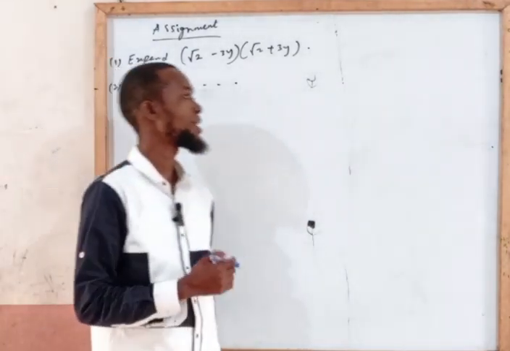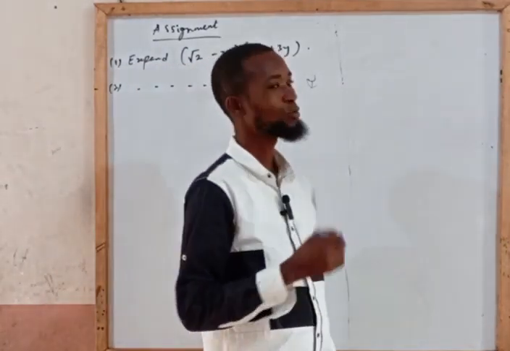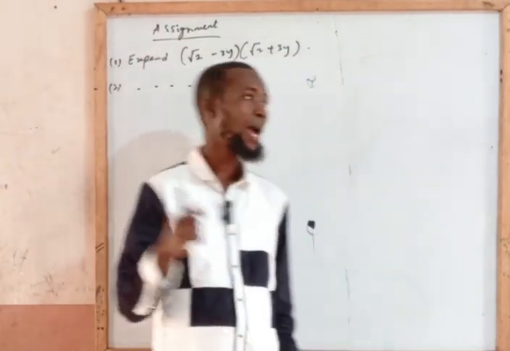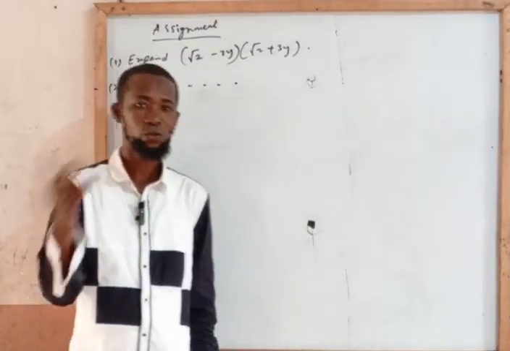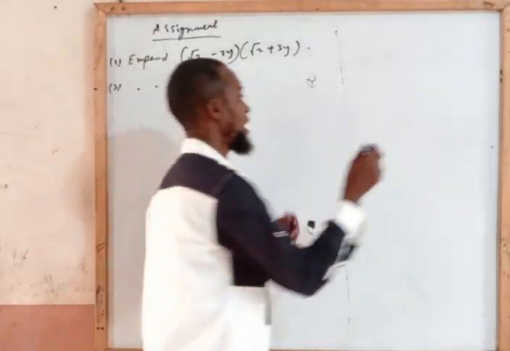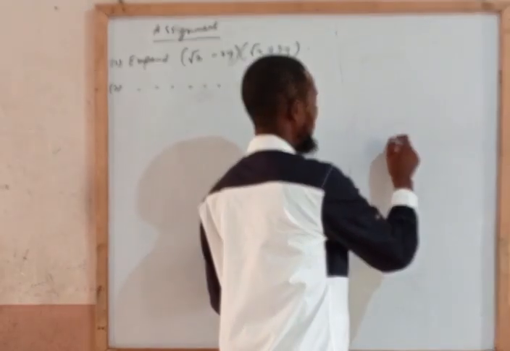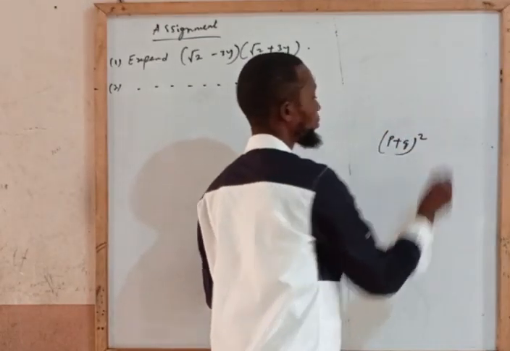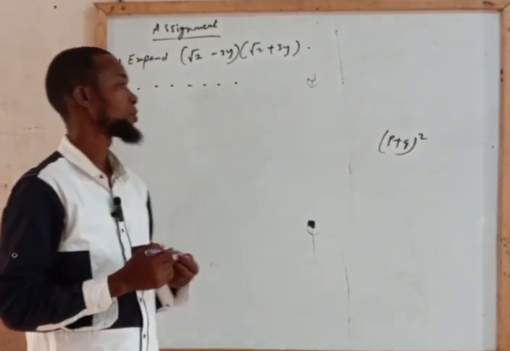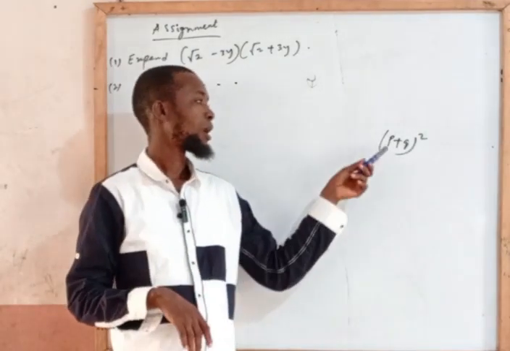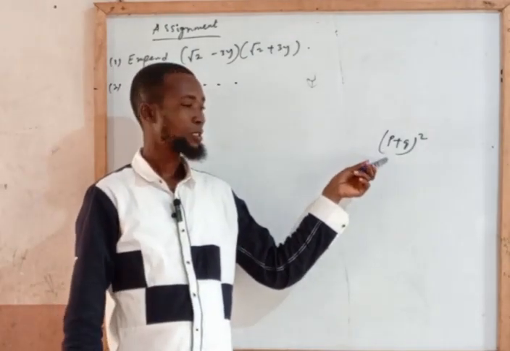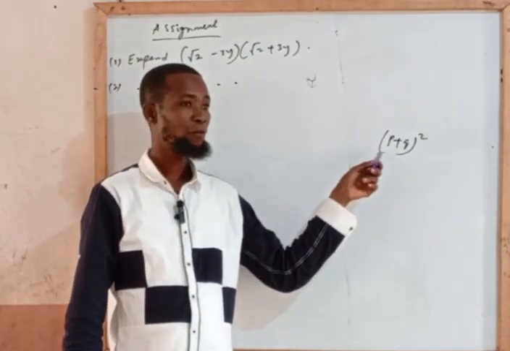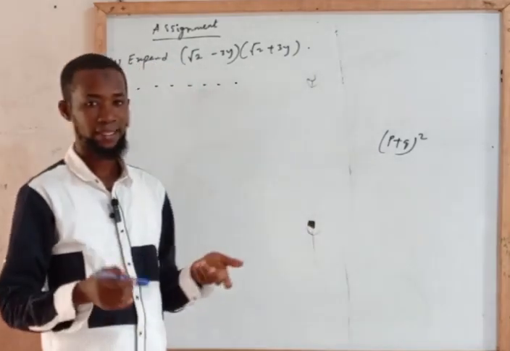By square identities, we mean those identities that have to do with power of 2. For instance, if I have this expression (P + Q) raised to power 2, this is an example of what we mean by square identity.